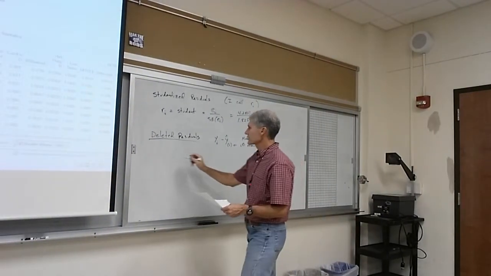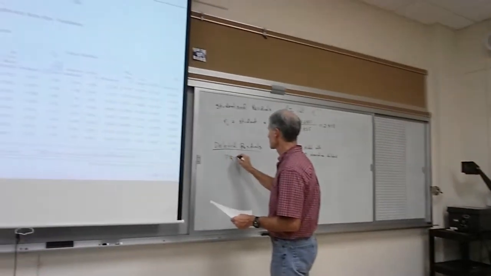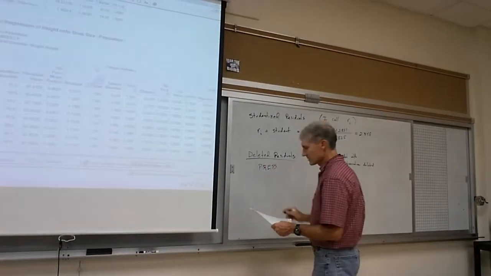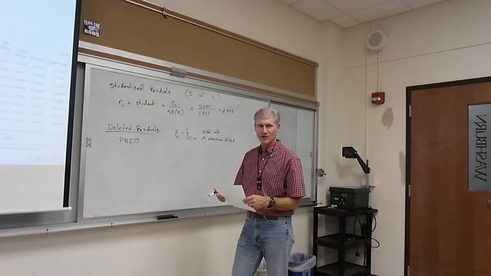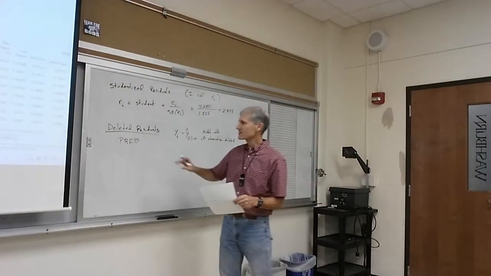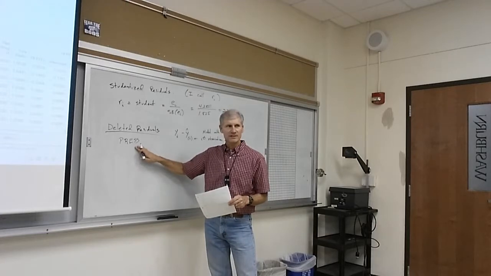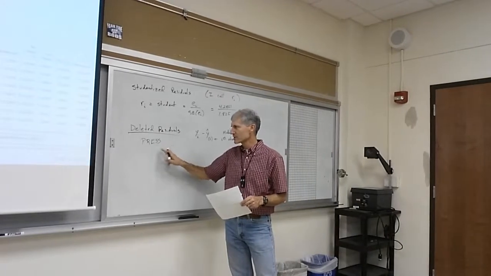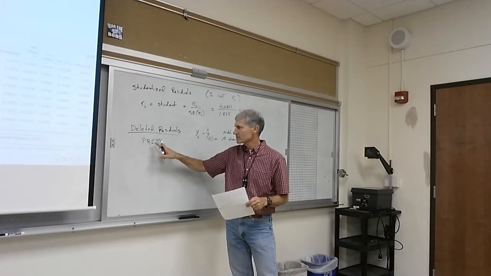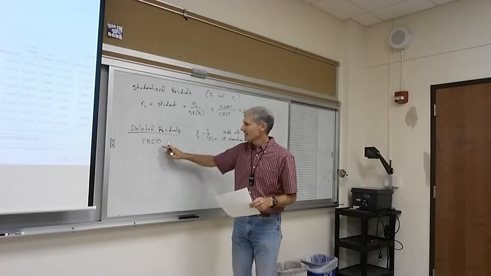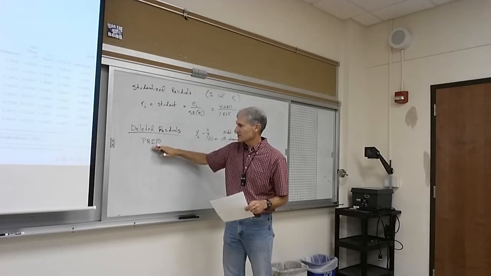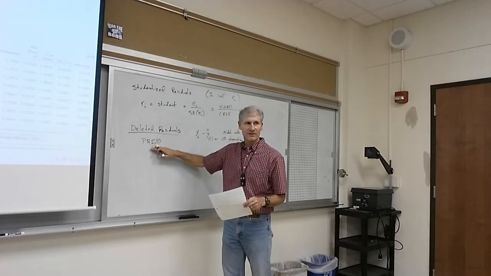The book calls this the PRESS statistic, but I really think that's just wrong. SAS uses the word PRESS in all caps because it stands for something: predicted residual error sum of squares. SAS uses this for something completely different.